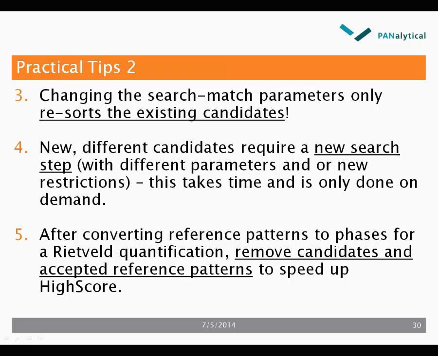New, different candidates require a new search step with different parameters or new restrictions. This takes time and is only done on command. After converting reference patterns to phases for a retrieval quantification, remove candidates and accepted reference patterns to speed up Highscore.